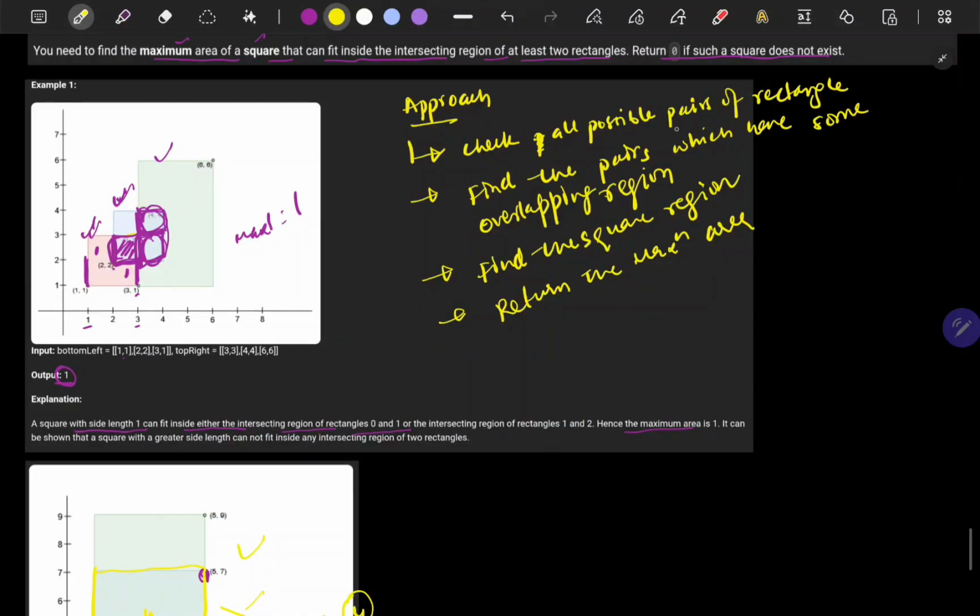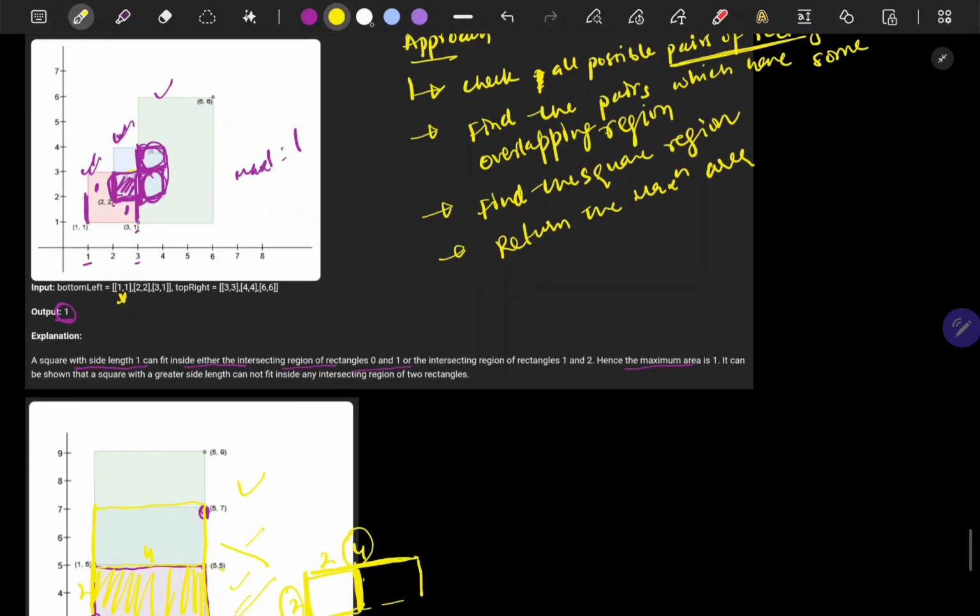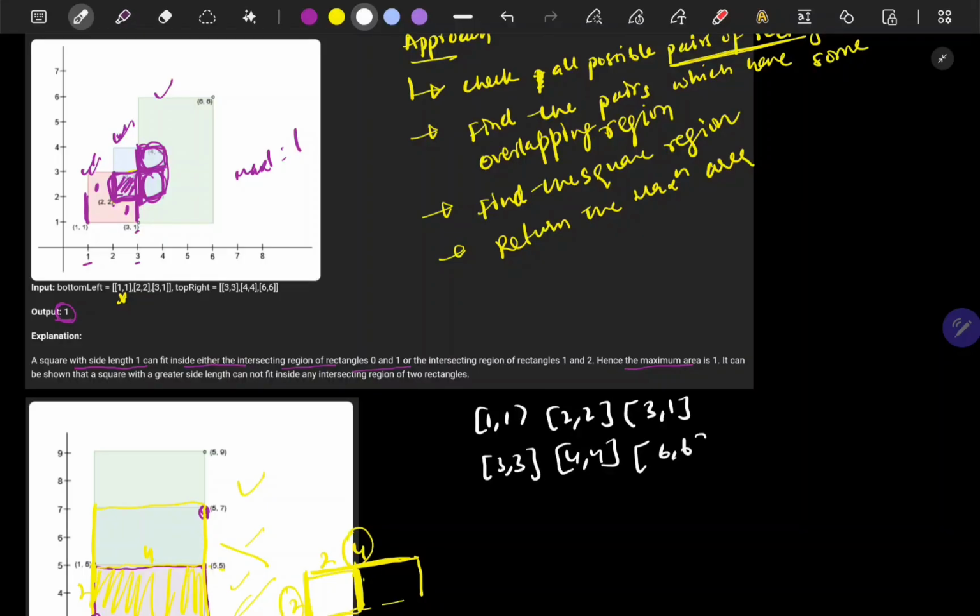So we will check all possible pairs of rectangles. How can we check? We can just iterate over them. Let's take this example: 1 1, 2 2, 3 1, 3 3, 4 4, 6 6, bottom left and top right.